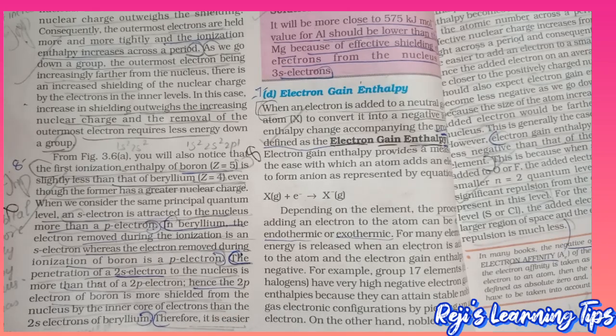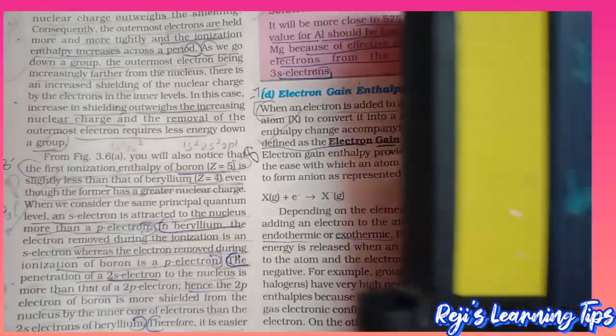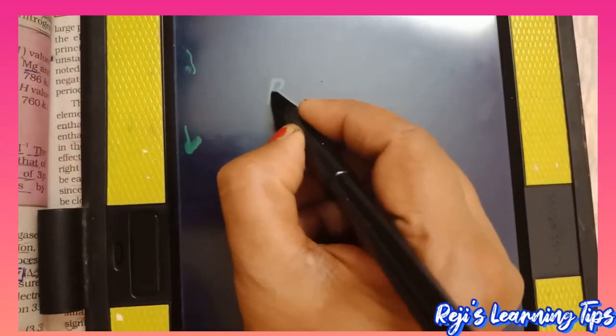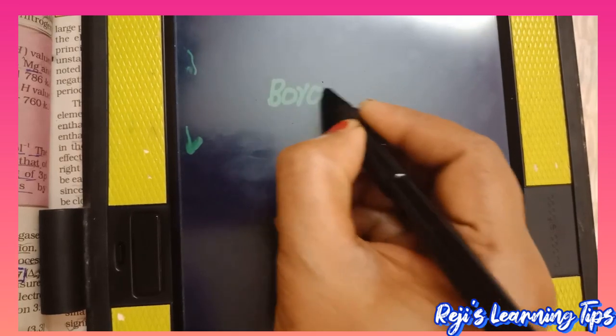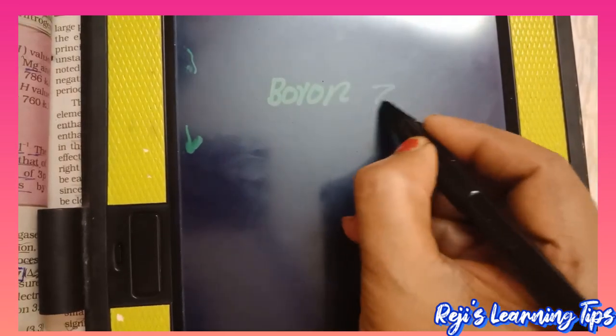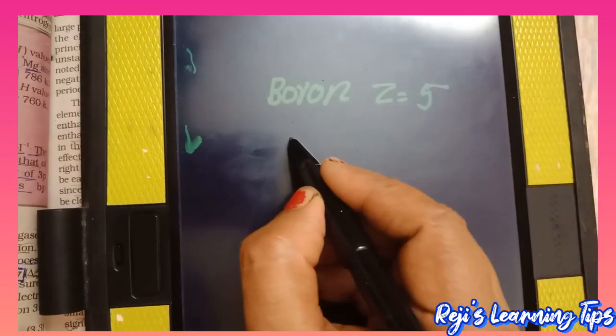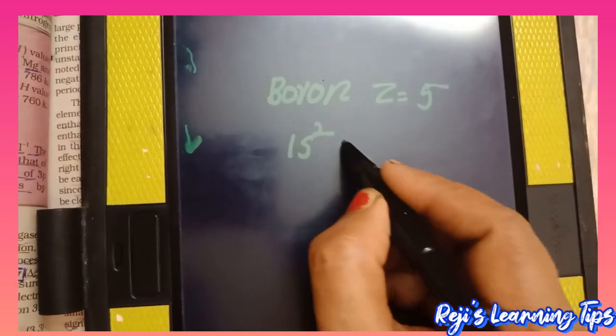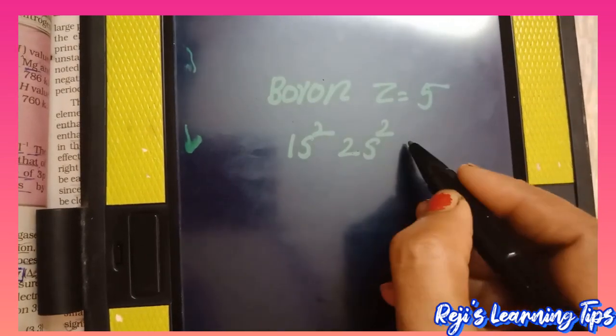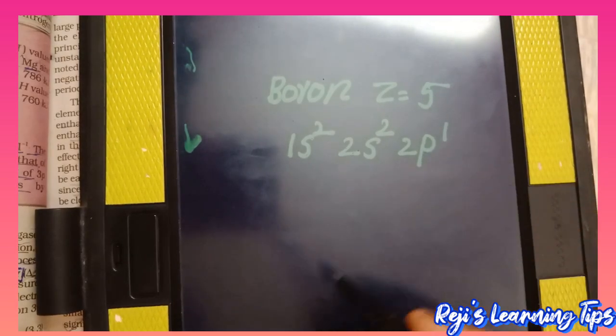Okay guys, that is a very important topic. Please listen here. I will explain once again. In the case of boron, Z is equal to 5, so the electronic configuration is 1s2, 2s2, 2p1.